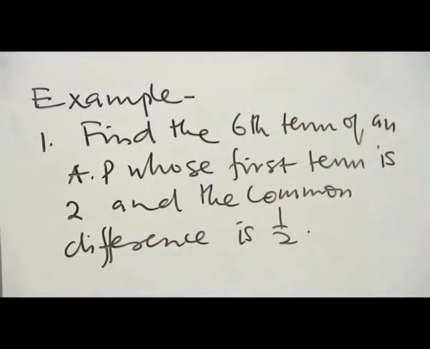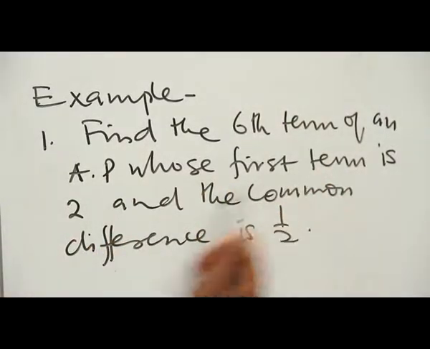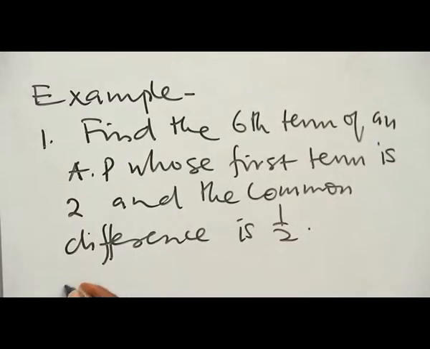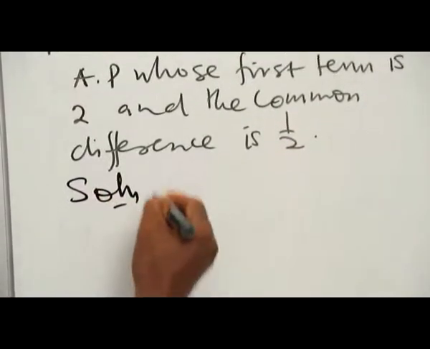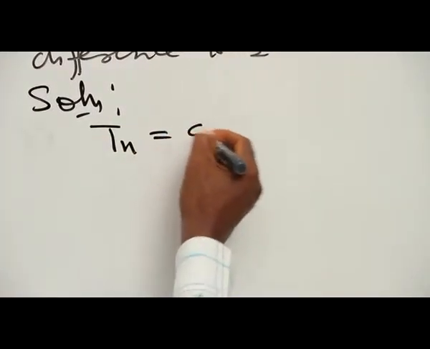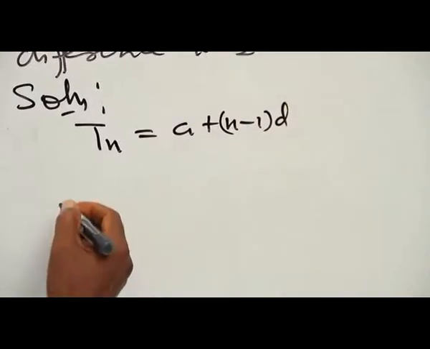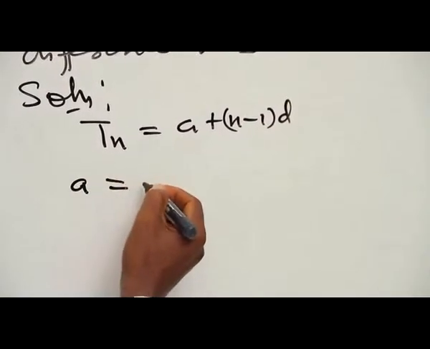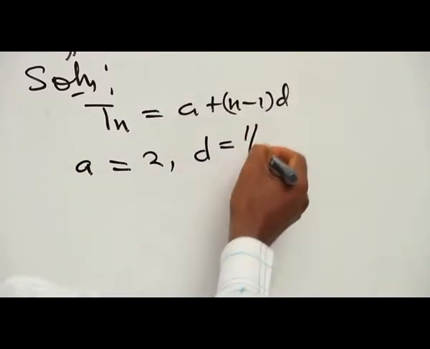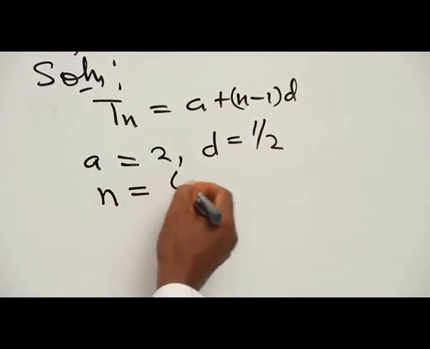Our first example is: find the sixth term of an AP whose first term is 2 and the common difference is half. Solution. We are looking for the sixth term, so Tn is equal to A plus (n minus 1) times D. Your A in this case is 2 and the difference is half, and you are looking for n equal to 6.